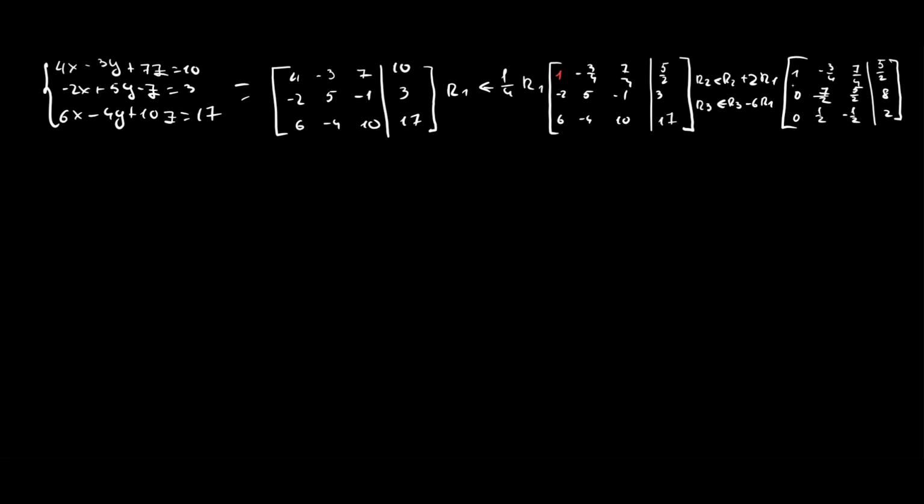Okay, so we eliminated all of the numbers below the first pivot number. The next step would be to do the same for column 2 and column 3.